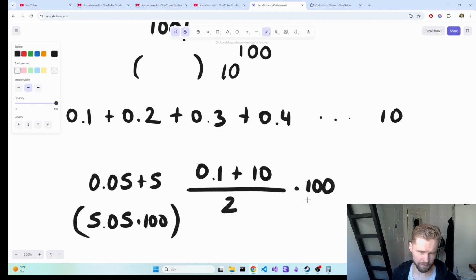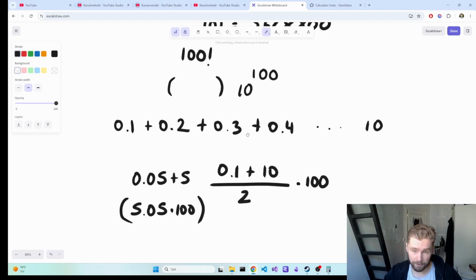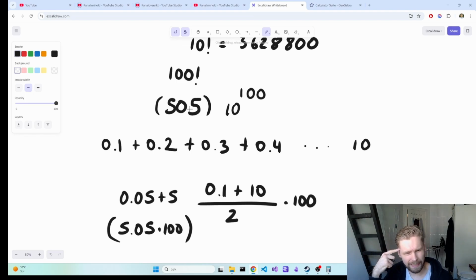Divided this, multiplied by 100. So this is gonna be 505, right? So I'm actually multiplying by 505. That's the sum, right? Am I tripping right now, or am I a brilliant boy?